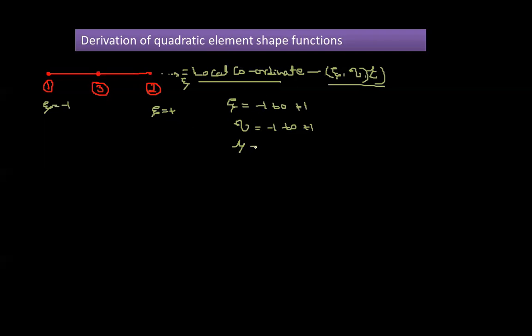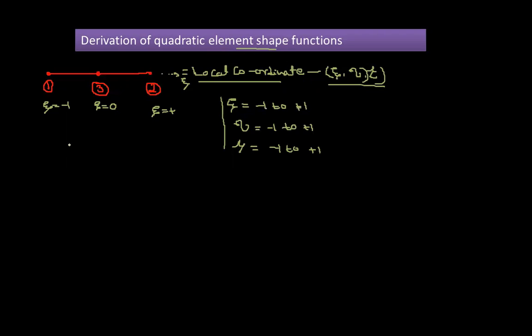So whenever the element starts at minus one and ends at plus one, exactly in the middle zeta is equal to 0. These are the values at nodal point 1, nodal point 2, and nodal point 3.